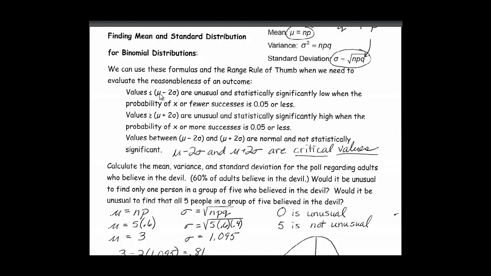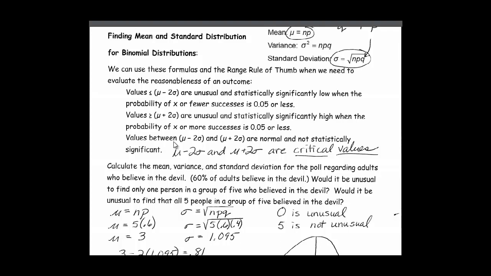So that mu minus 2 standard deviations is a critical value, and it's identifying the lower limit of what's normal. Values that are greater than the mean plus 2 standard deviations are considered unusual. So whatever that value is going to be, that borderline separating the usual from the unusual on the high end of your curve. So that's just the wording for it.